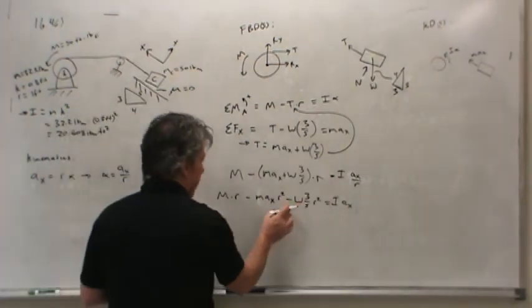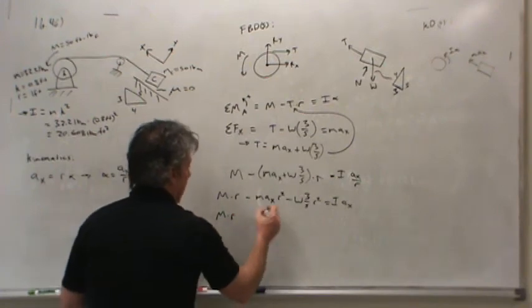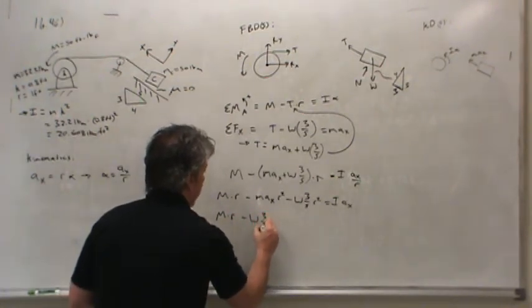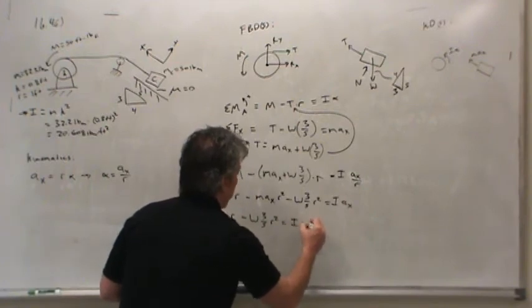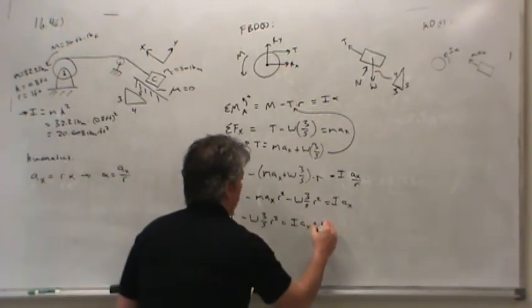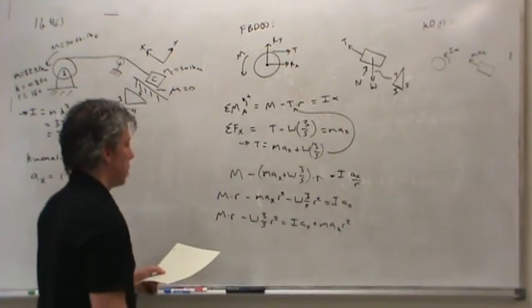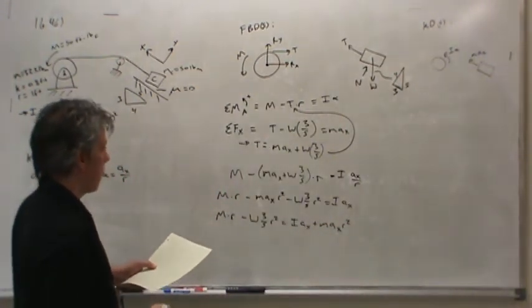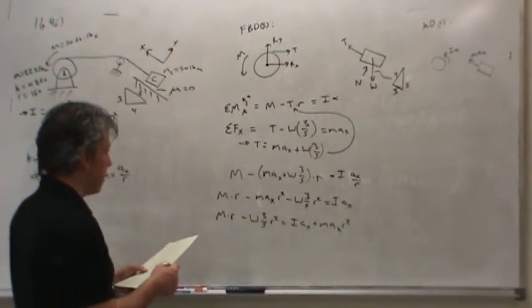And so then what I can do is get all the AX terms on one side. So let's have the moment times R minus 3/5 of the weight, R squared, equals I AX plus this term, mass times acceleration in the x direction, R squared. I haven't made any mistakes so far, I don't believe.